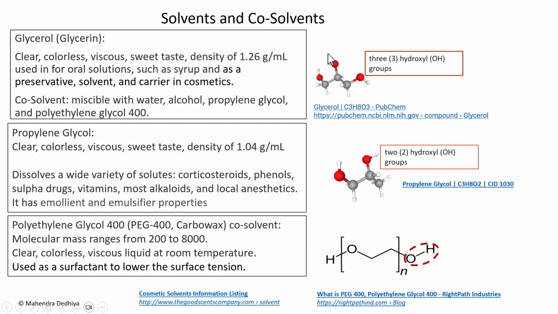Cosolvent with water is through the hydroxyl groups. And we have groups as shown here that allow non-polar substances to dissolve. Cosolvents have miscibility in water and other solvents, as well as they are very good for non-polar substances.